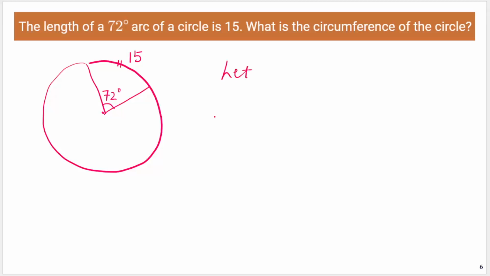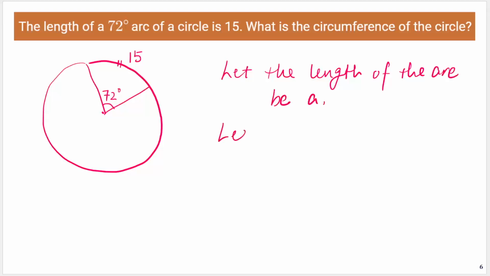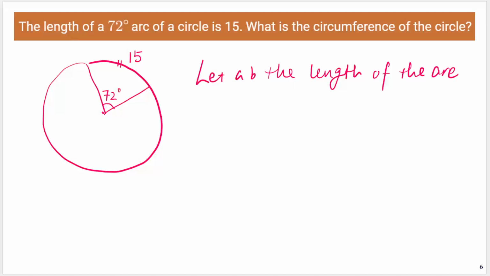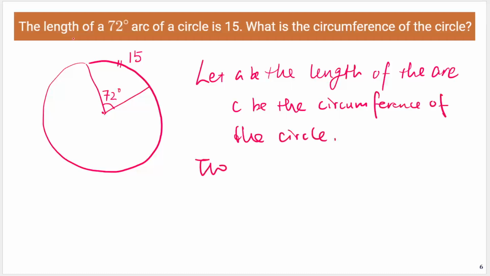Okay, so in order to facilitate our discussion, we could let A be the length of the arc, and let C be the circumference of the circle. Then we have the following relationship.